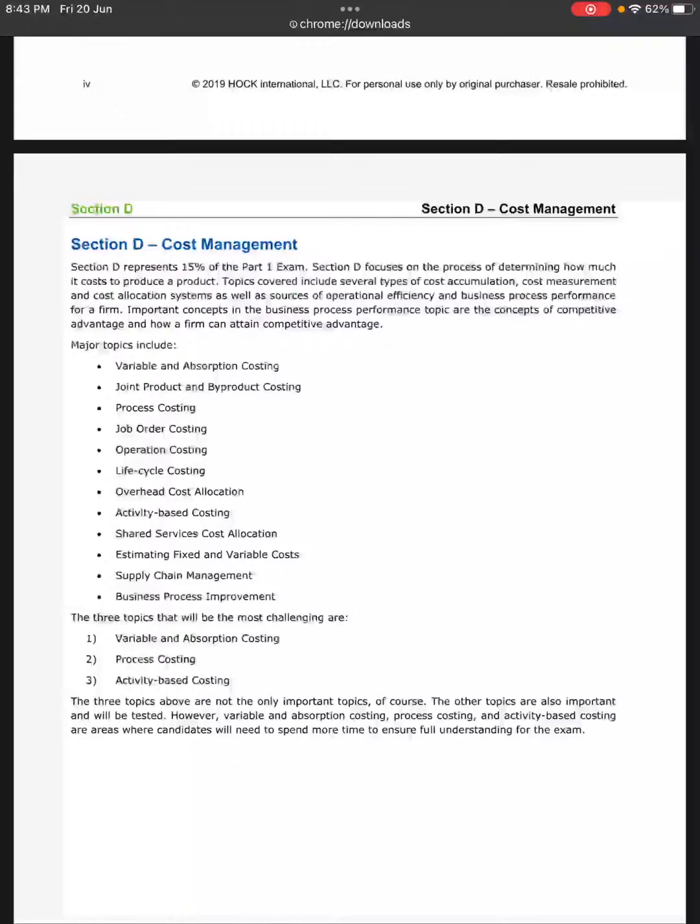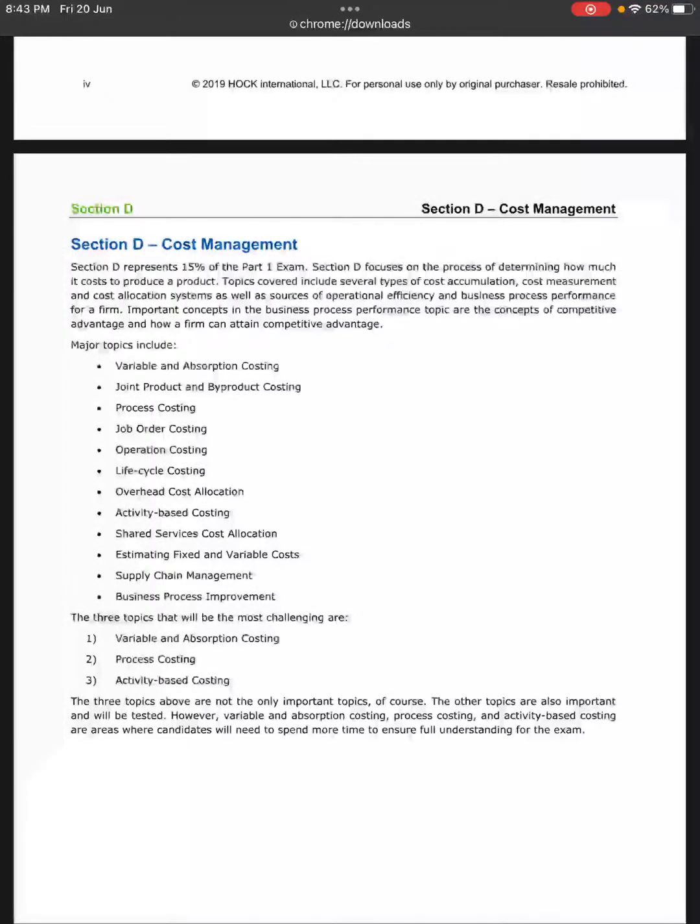And operation efficiency and business process performance of the firm. Suppose I am spending some amount to produce one product, right?